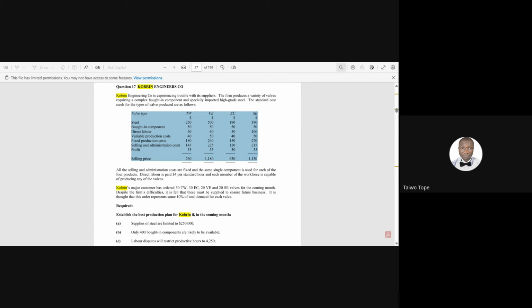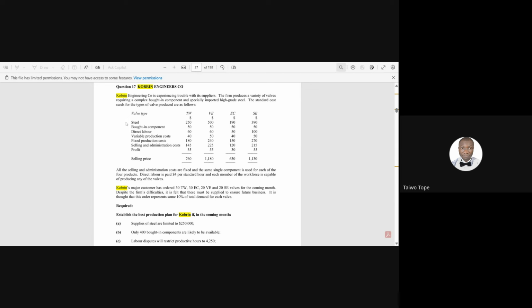Take note, 1 unit. If it is a budget, it represents the overall cost of producing the total product. But once it is a standard cost card, the expressions here show the cost information of producing 1 unit of a product. Take note of that.